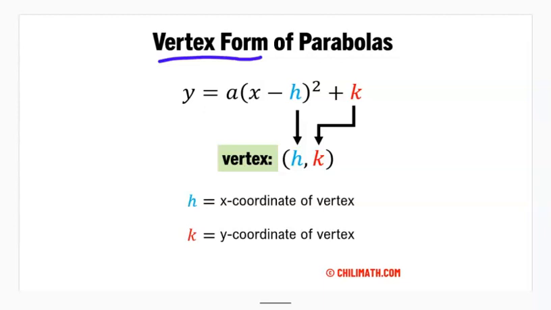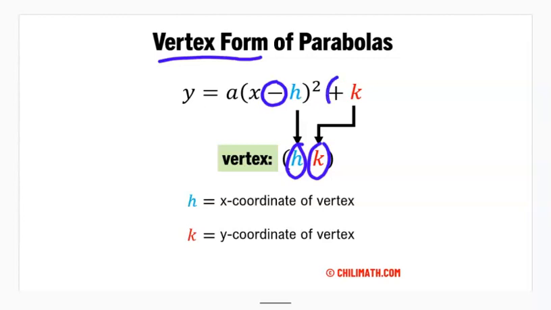But here we have y equals a times the quantity x minus h squared plus k. Your vertex is the h value and the k value. Now, one thing to note is that this has to be a minus sign for you to take the h value as is.